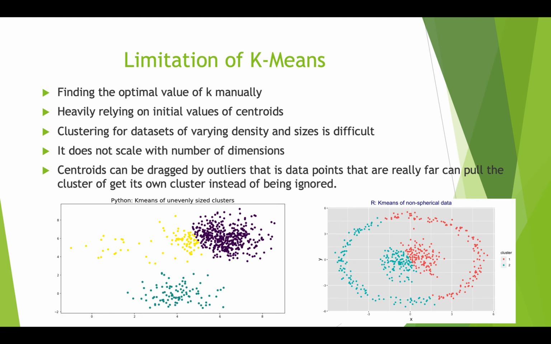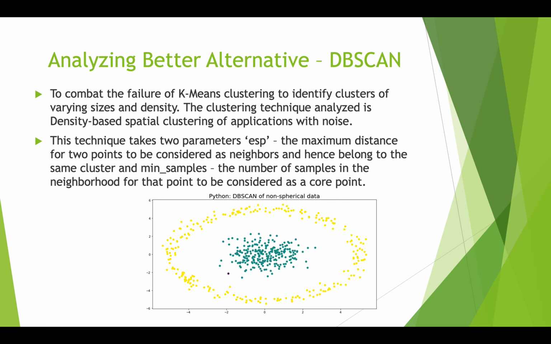Although the majority of this yellow dataset is on the right side, the centroid would be somewhere in between, and that is because of the weight added by the points on the left side. So this is also a limitation. And similarly, you can see these patterns on the R side. For non-spherical data, k-means just could not be used to get the right clusters.